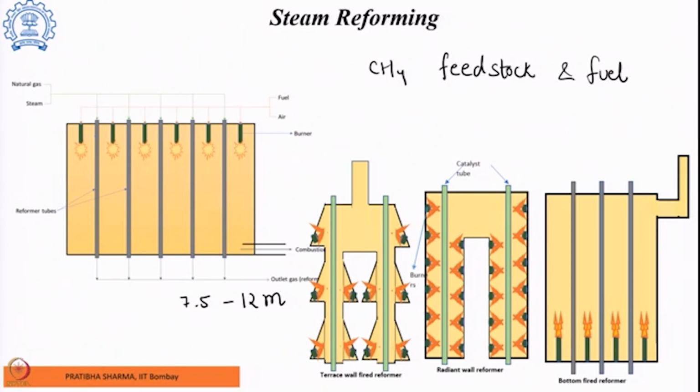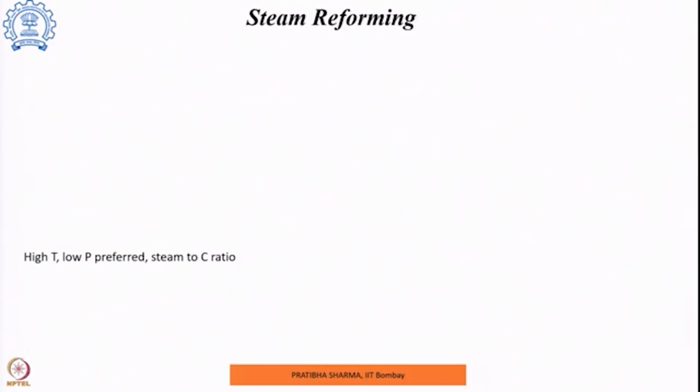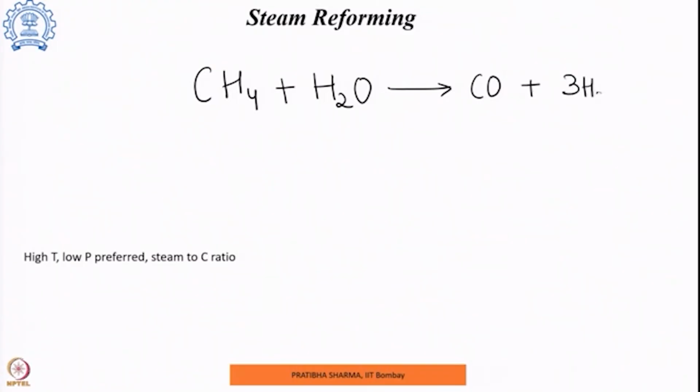Now, let us look at the process of steam reformation. In steam methane reformation, methane reacts with steam producing syngas. A very simple reaction: methane, which is the feedstock, reacting with the oxidant to produce syngas.